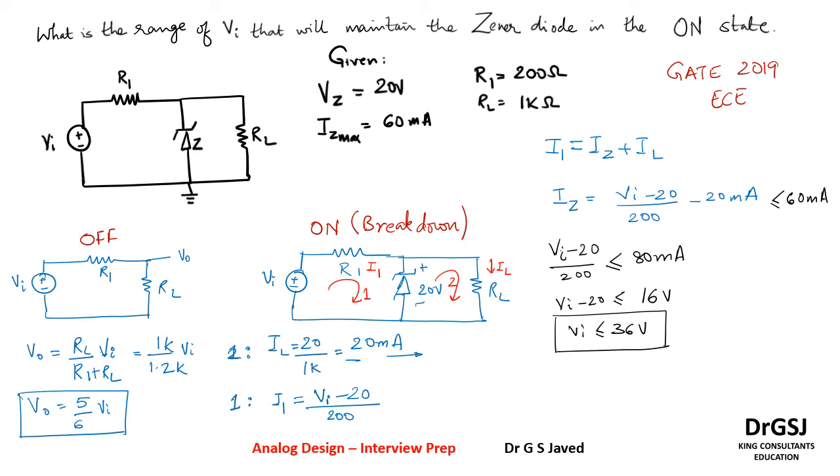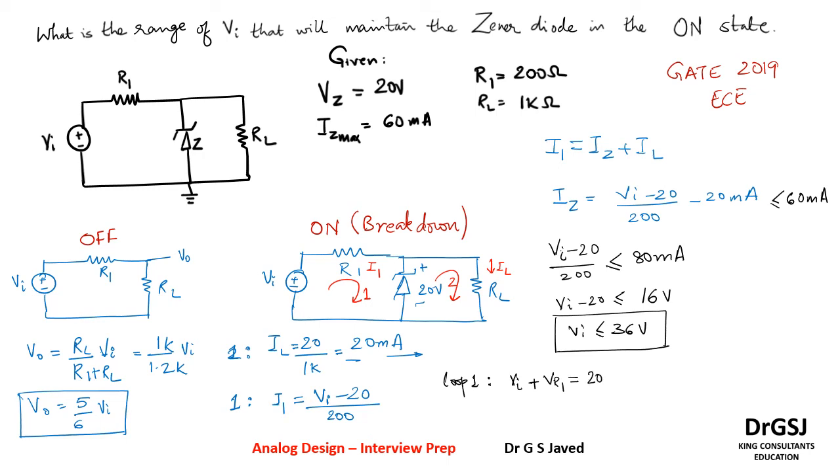What about the lower end? For the lower end, consider loop 1: Vi plus the voltage across the resistance R1, Vr, is equal to 20 volt.